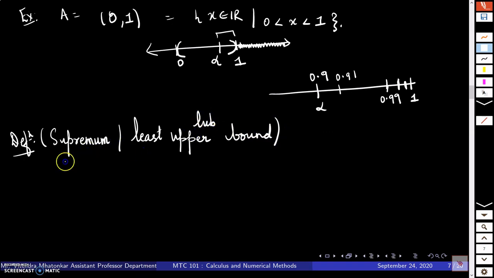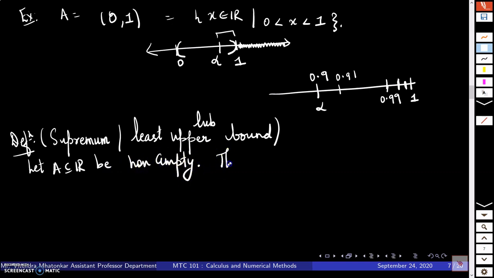So I will take a non-empty subset A of R. Let capital A be a subset of R which is non-empty. Non-empty meaning there is at least one point in the set.